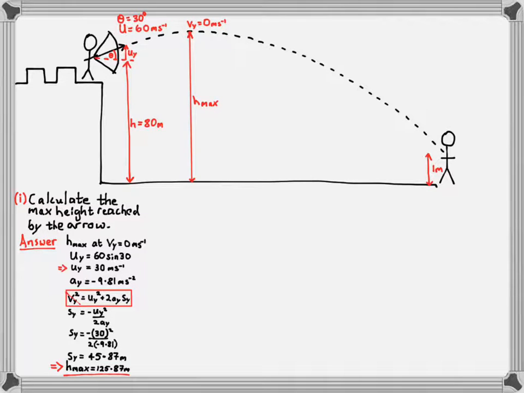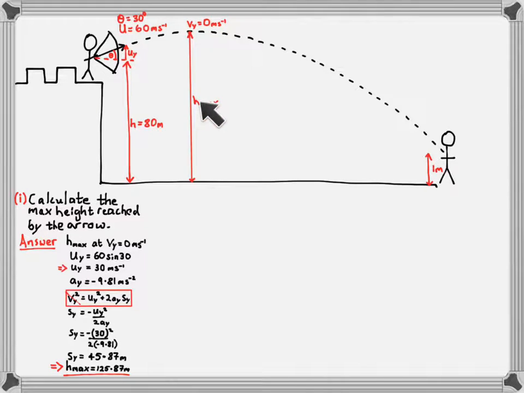But I have to add that 45.87 meters to the height that the arrow already was above the ground when it was launched. So in other words, that means that when the arrow is launched from this point in space vertically, it's going to travel up vertically through a displacement of 45.87 meters.